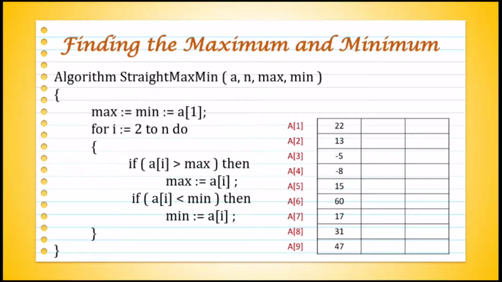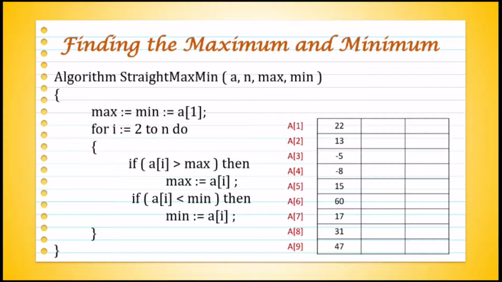So suppose this is an array which starts from A of 1 till A of 9. So here there are 9 elements, from A of 1 to A of 9. So the n value is 9 and we have to find the max and min value.